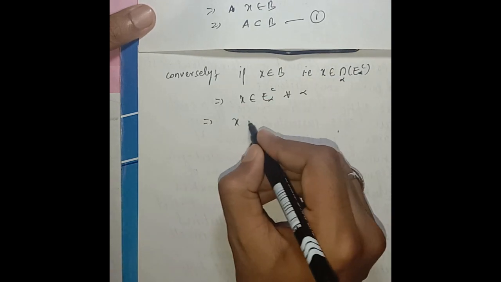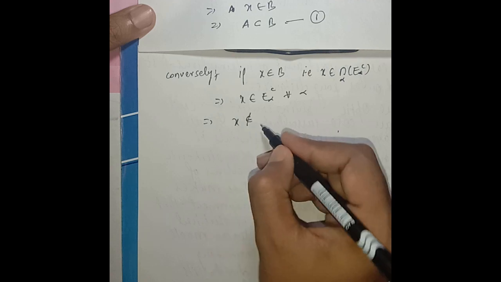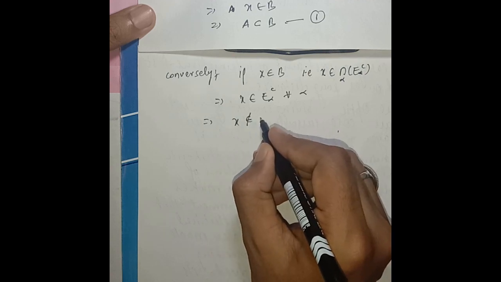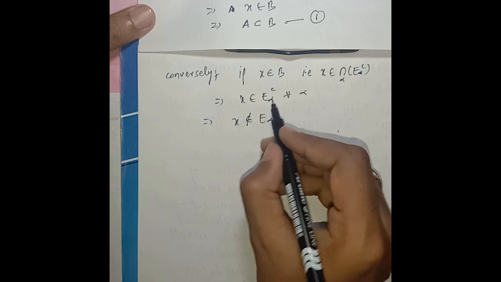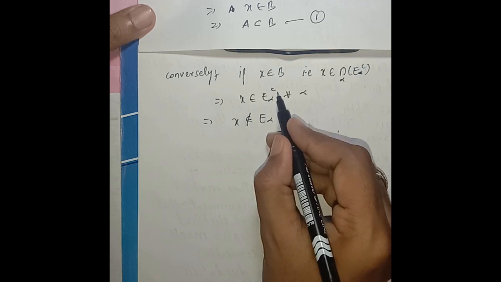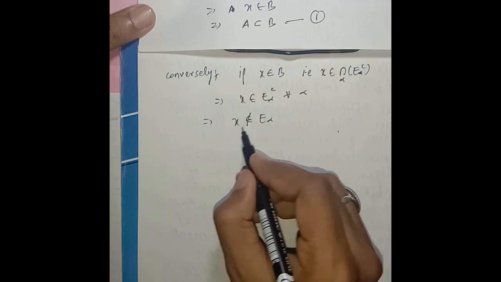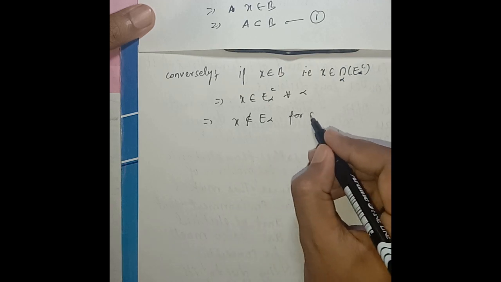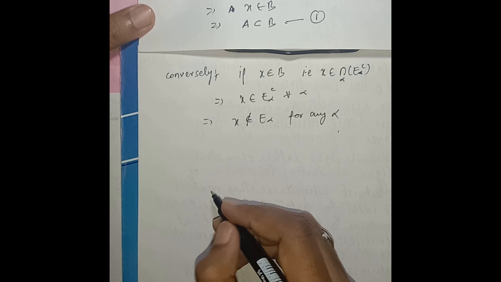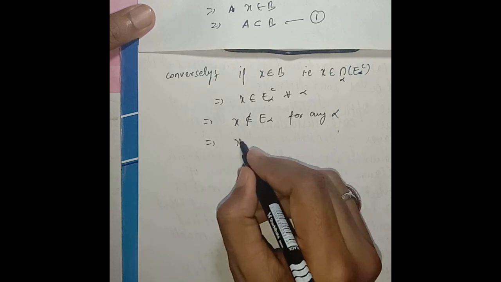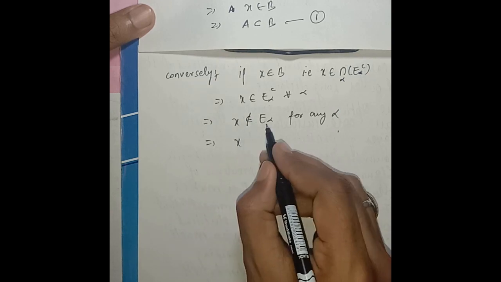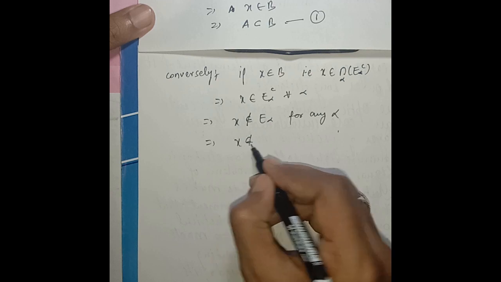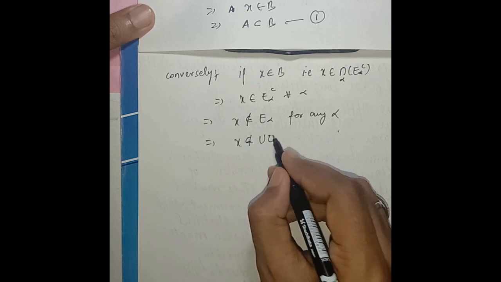This implies x is not contained in E alpha. If x is in the complement of this set, then it is absent from this set for any alpha. Hence, if it is not in E alpha for any alpha, it is not in the union of E alpha.